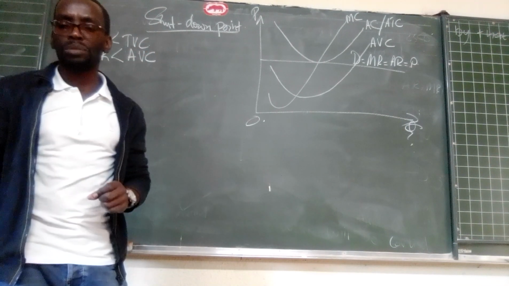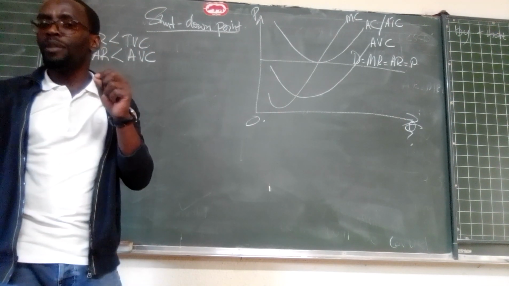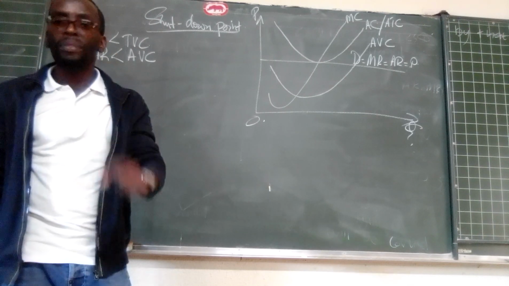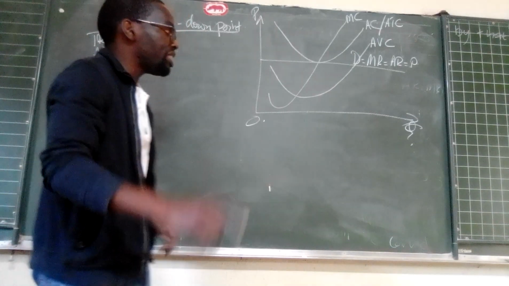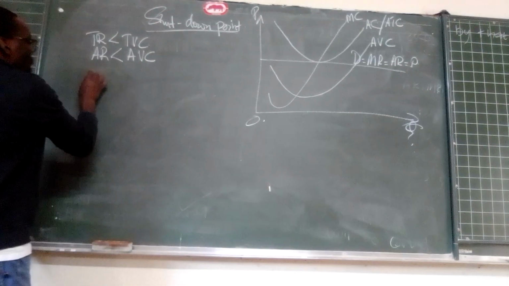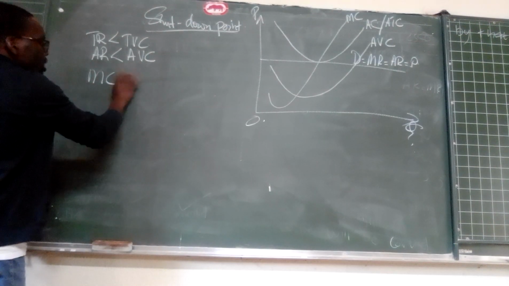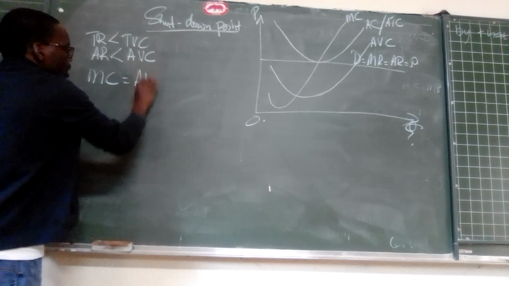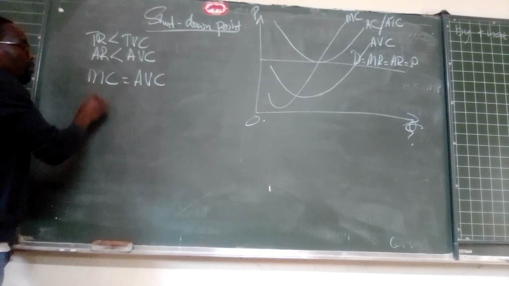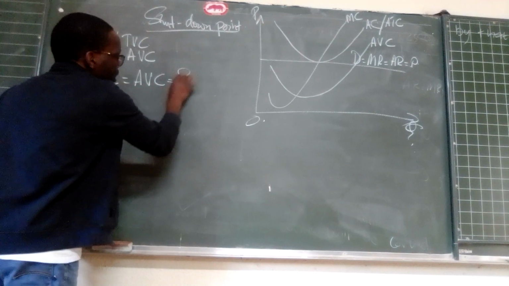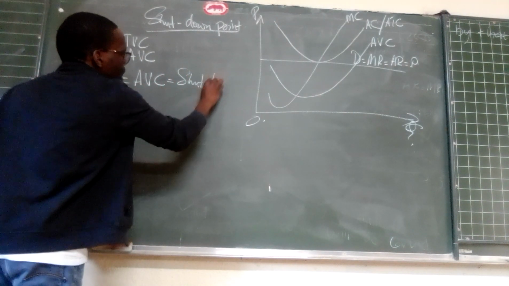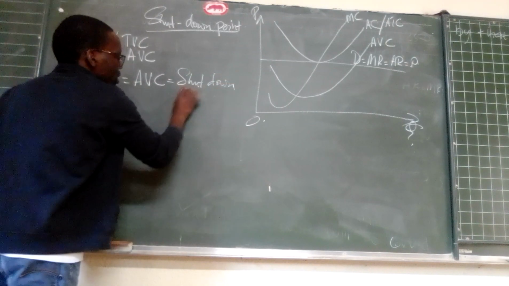Now the question that comes to mind is, where is the firm supposed to close down? You need to understand that our shutdown point, dear learners, is a point at which our MC curve is equal to our AVC. So a point at which our MC curve is equal to our AVC is called our shutdown point.